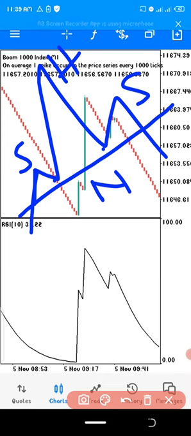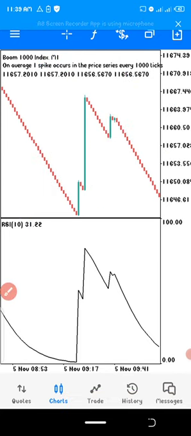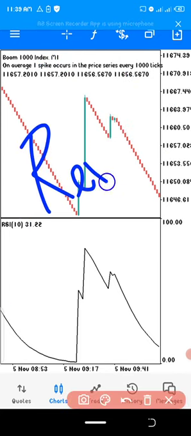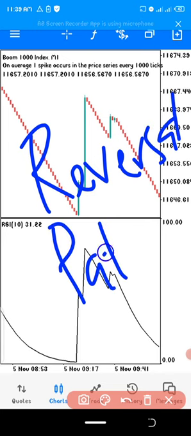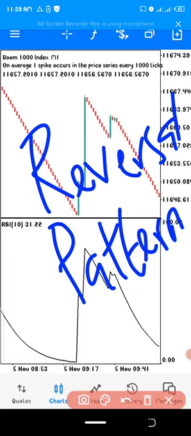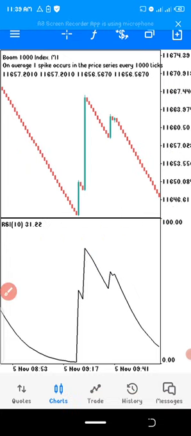Now what form of pattern is the heads and shoulders pattern? It is what they call a reversal pattern. What do they mean by reversal pattern? A reversal pattern is a pattern that tends to show that the market is going to reverse in its movement.